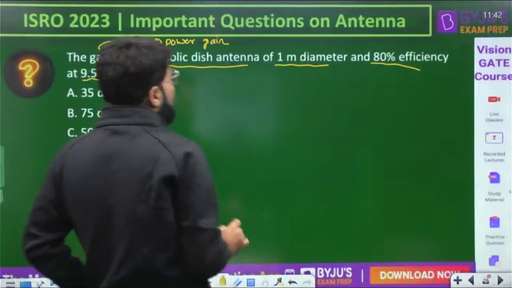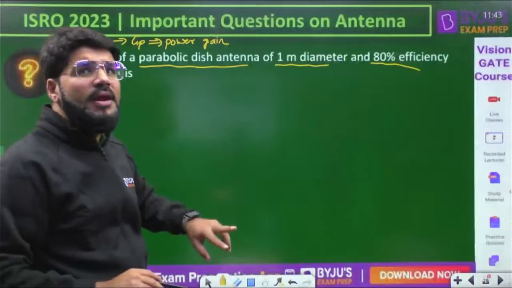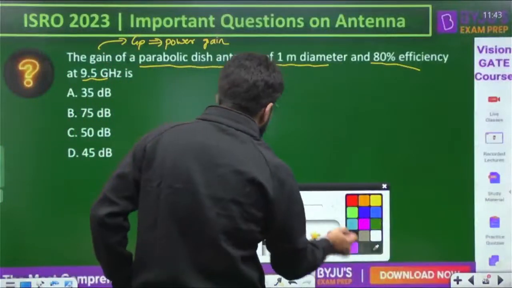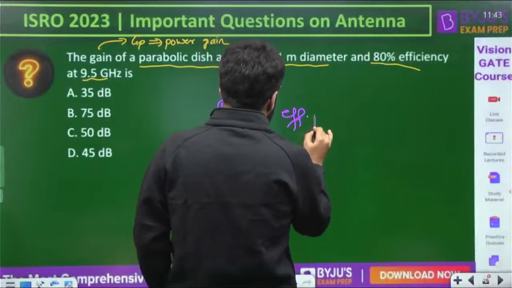Frequency 9.5 gigahertz. First of all, efficiency is GP upon GD, and there is the formula for effective area for the parabolic antenna. First of all, what is the general formula for effective area of any antenna?